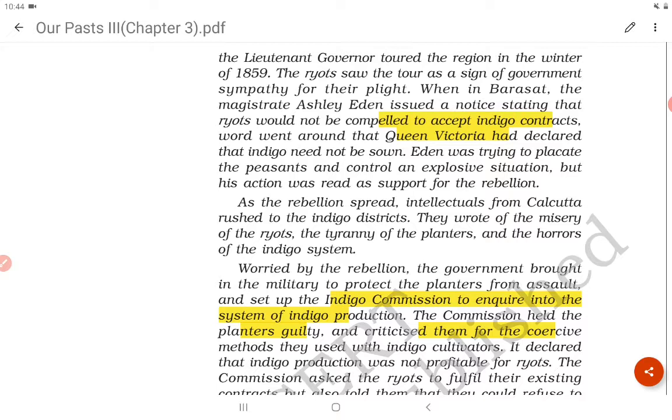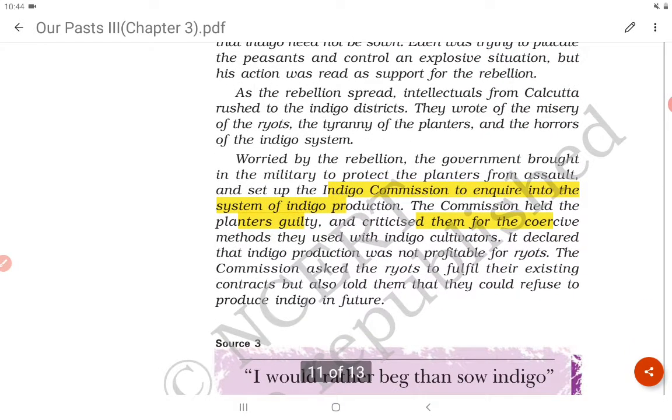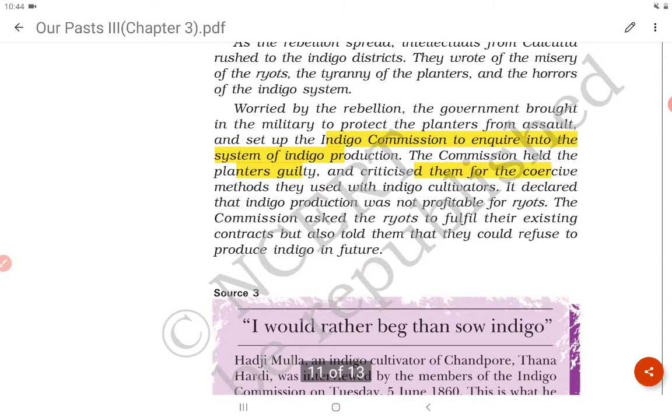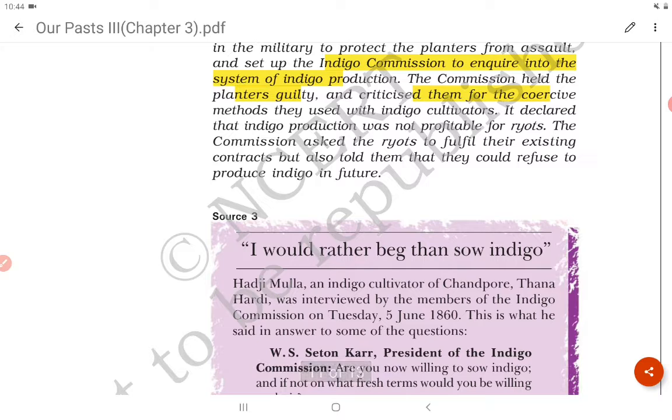Worried by the rebellion, the government brought in the military to protect the planters from assault and set up the Indigo Commission to inquire into the system of indigo production. The commission held the planters guilty and criticized them for the coercive methods they used with indigo cultivators.